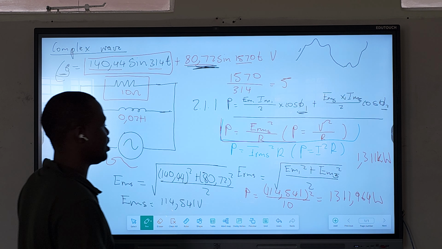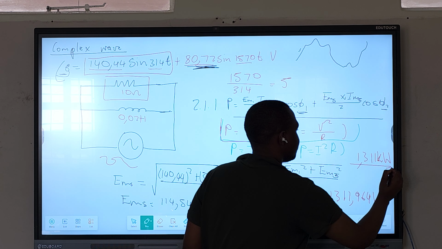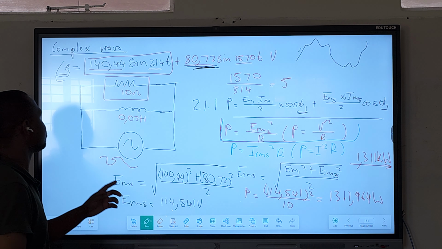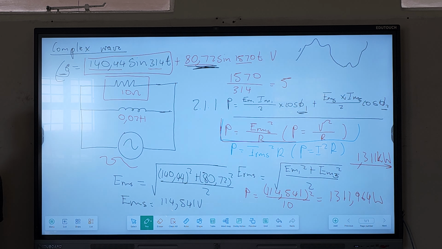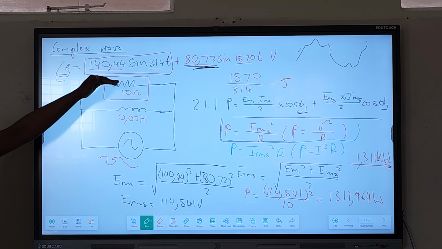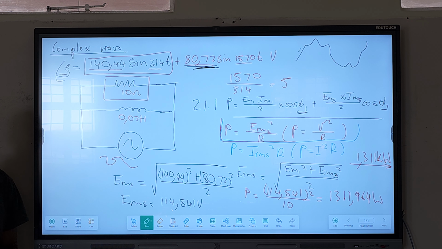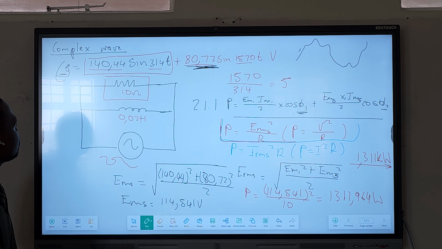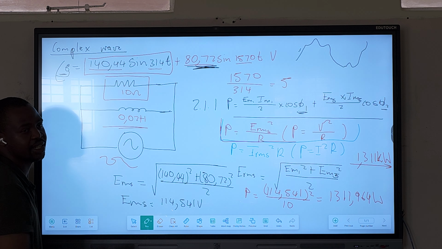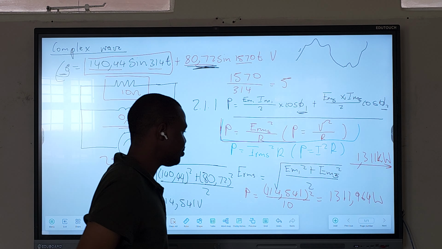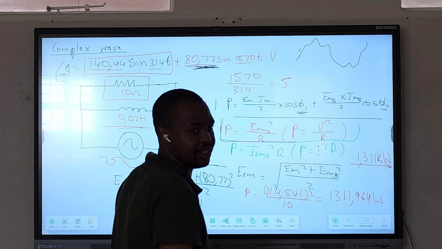I'm putting it in kilowatts. So that is the power that is absorbed by the resistor, because the only thing that is going to be absorbing power here is the resistance. This one will be storing energy.